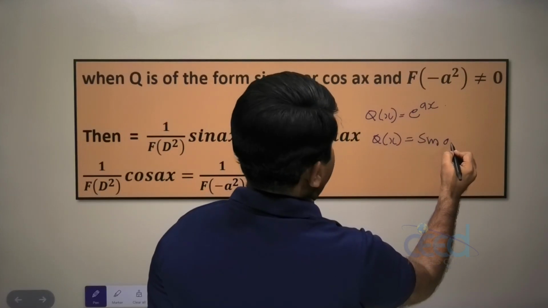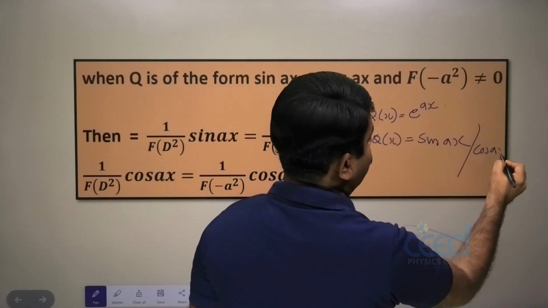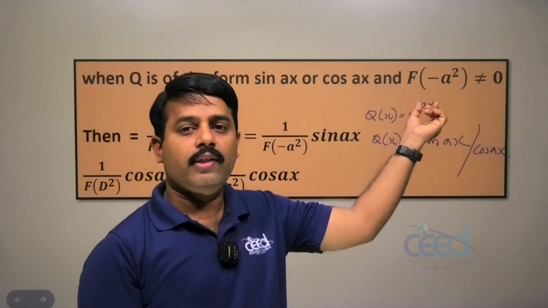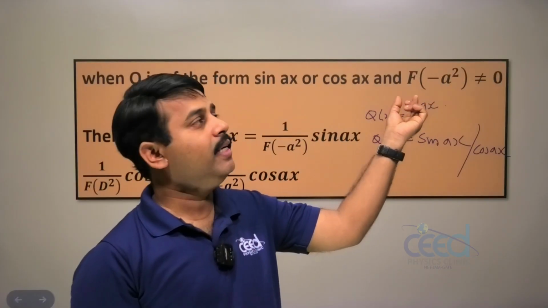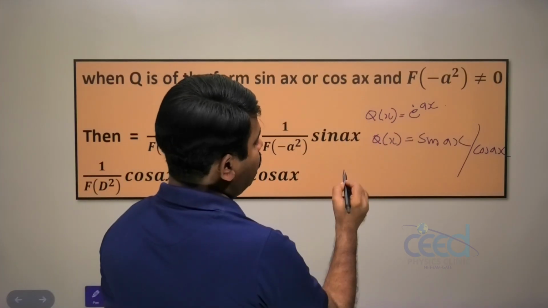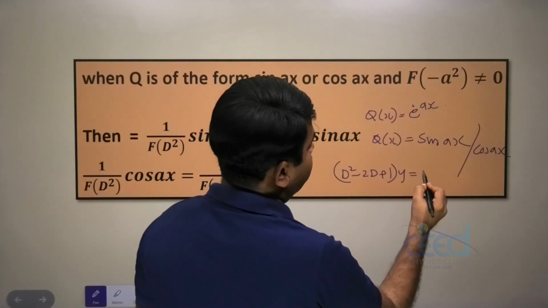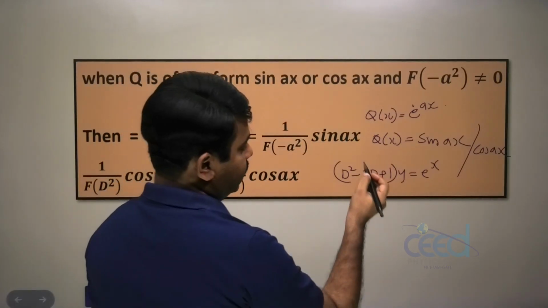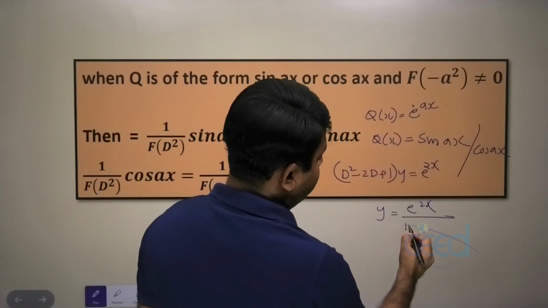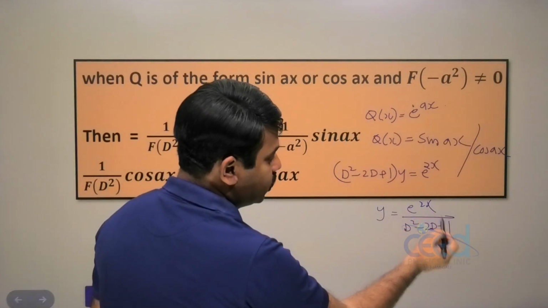For example, d square minus 2d plus 1 into y is equal to e raised to x. We put e raised to x, then y is equal to e raised to x divided by d square minus 2d plus 1, and then this 1 we put here instead of d.